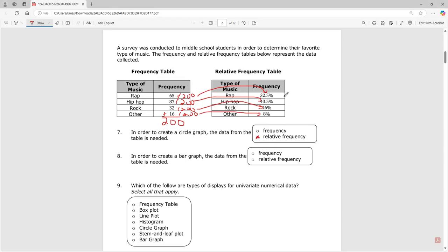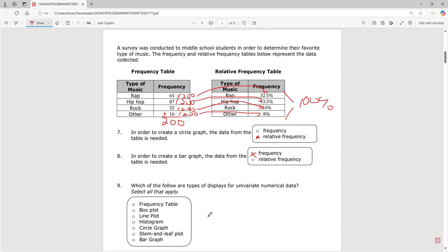If I added all these percentages up, it would be equal to 100%, or one major circle. And for a bar graph, it's more effective to use the frequency. So circle graphs, like the pie charts and stuff, right? Relative frequency, and then bar graph is regular frequency.